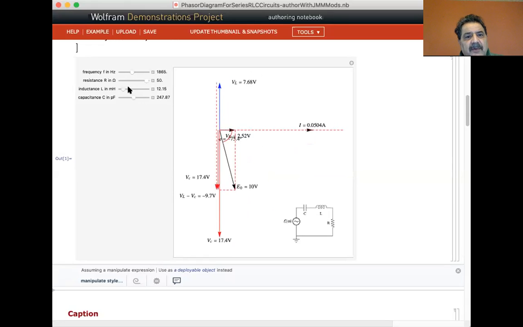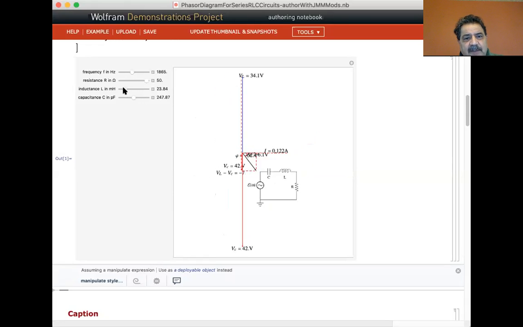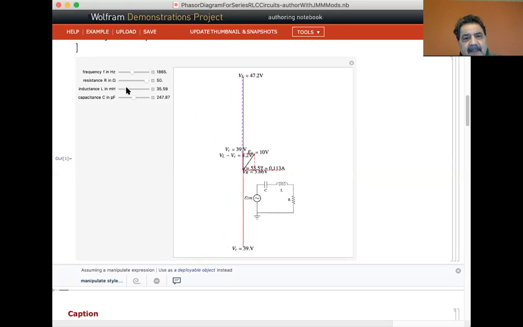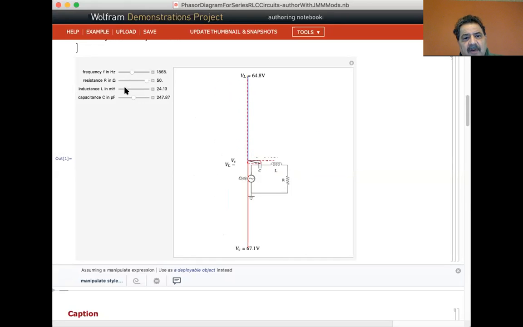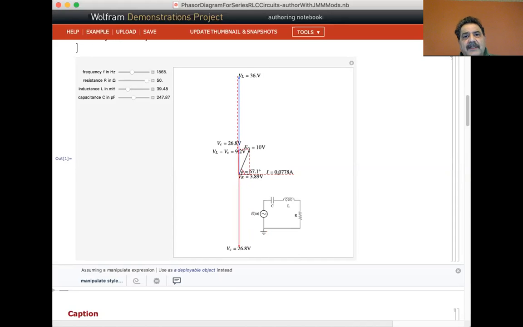Let's make this, there it's positive also. If we make it small enough, the phase angle goes negative. Okay. Now, when it's 0, we're going to learn that that's a condition called resonance, and it's hard to get that right there, but that would be resonance.